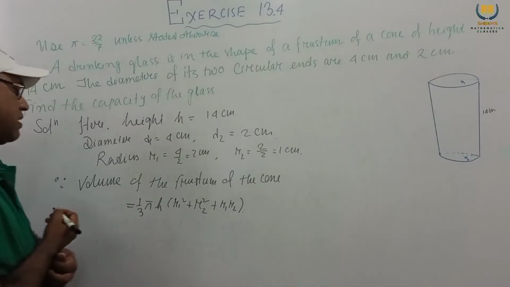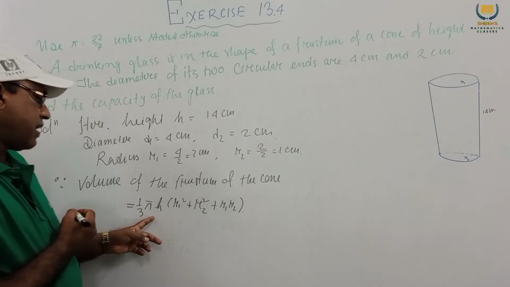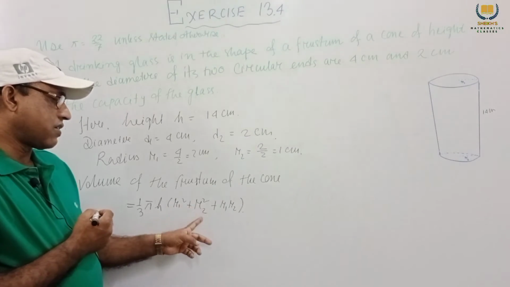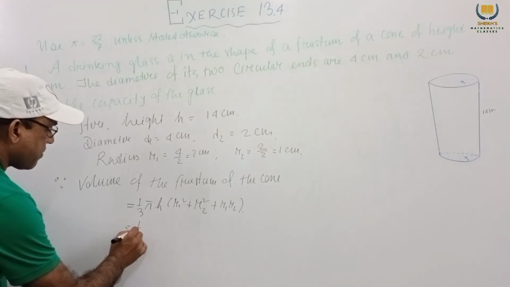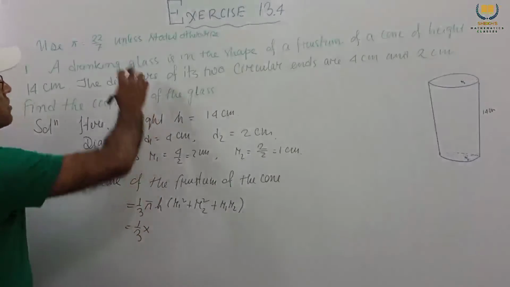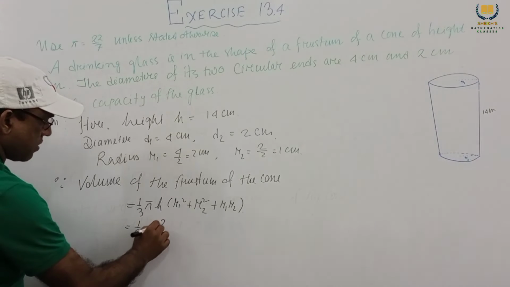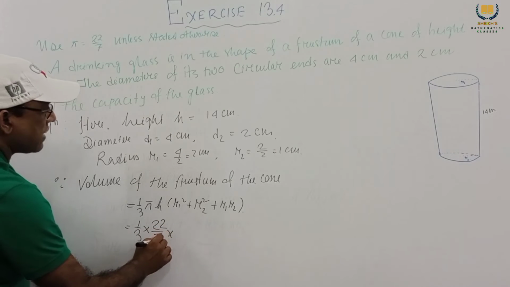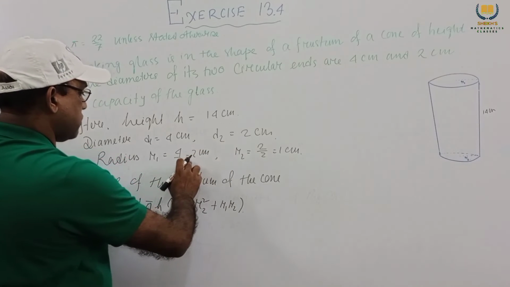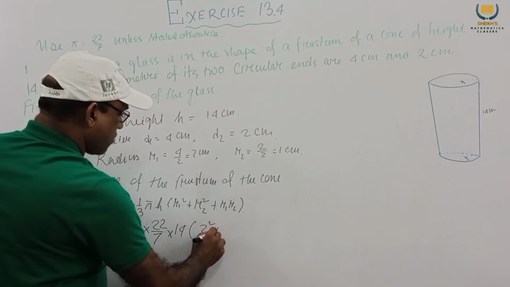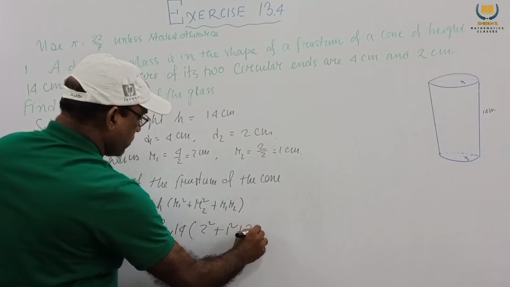This is our formula. Now putting the values, pi means 22 by 7, and h means 14, r1 means 2, r2 means 1, this is 2 into 1.